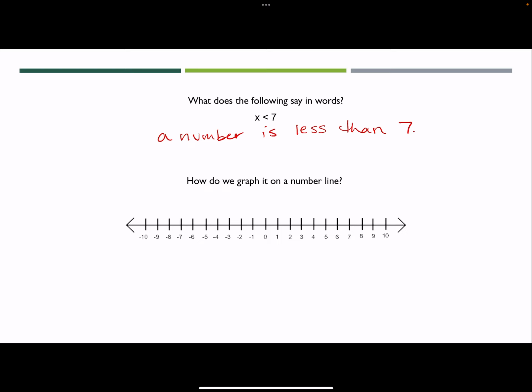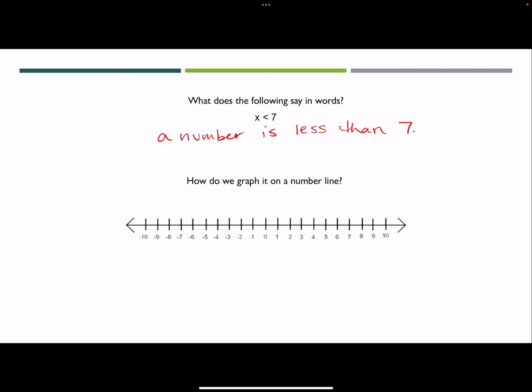Well, think about what numbers could work for x. These numbers have to be less than 7. So it could be 6, it could be 5. 0 is less than 7, right? Negative a million is less than 7. Negative 10 is less than 7. Any negative number is less than 7, right?